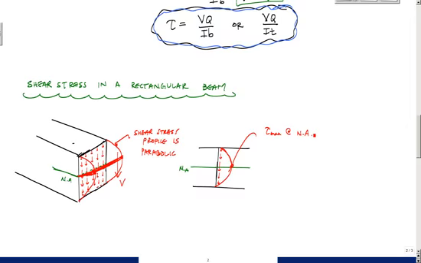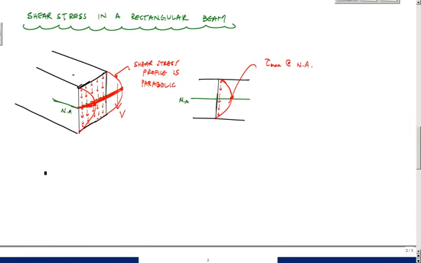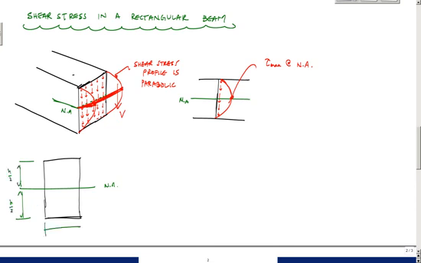All right. So I'm going to show this to you. If I'm given a rectangular cross section, let's draw a rectangular cross section here, like this. And I know that my neutral axis is here at the center. This has a height, which I will say each of these is h over 2, h over 2. It has a width, which I will call b. There's my cross section.